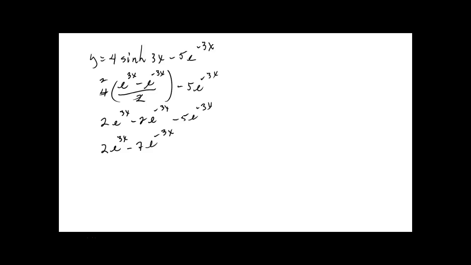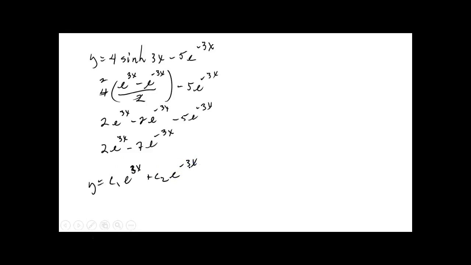They said this function that I just wrote here is a solution of the differential equation in example 7. Well, of course it is. The differential equation there had the general solution y equal to c1 e to the 3x plus c2 e to the minus 3x.